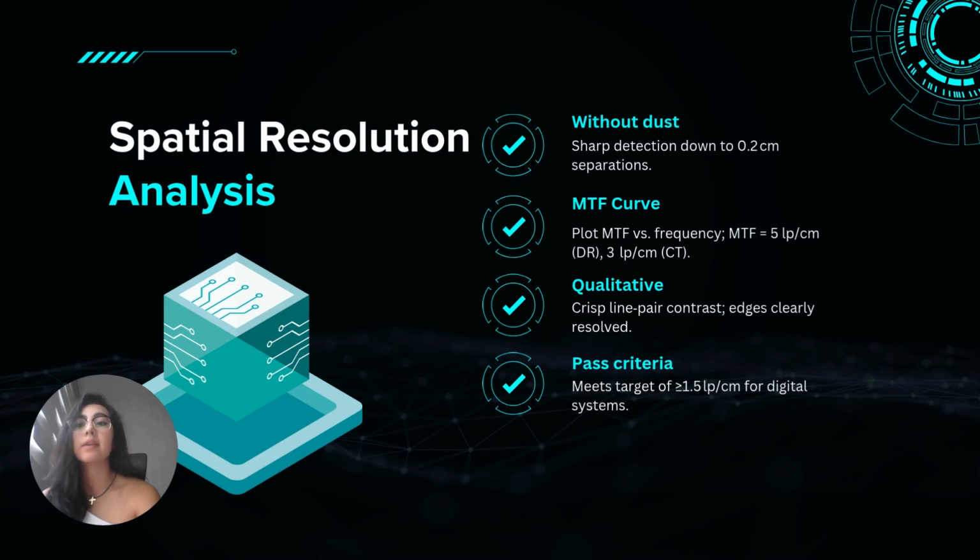Both values exceed our minimum pass criterion of 1.5 line pairs per centimeter, indicating excellent spatial resolution in both modalities. Visually, the edges of the slits appear sharp and well defined with clear separation between lines. This further confirms the high image quality we achieved.